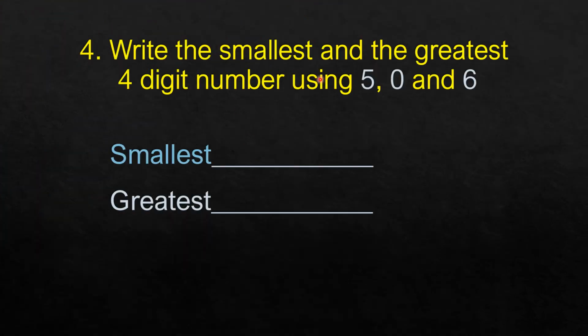Write the smallest and the greatest four-digit number using 5, 0 and 6. So, we can repeat any one number. Now, what will be the smallest number using these three digits? But it should be a four-digit number. 5006.